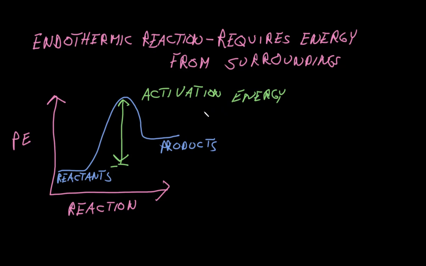And notice for an endothermic reaction, our products, which are here, we're going to have to somewhere gain this energy. So where's this energy going to come from? This energy is going to come from the surroundings. So this is energy that is absorbed. Energy from surroundings.